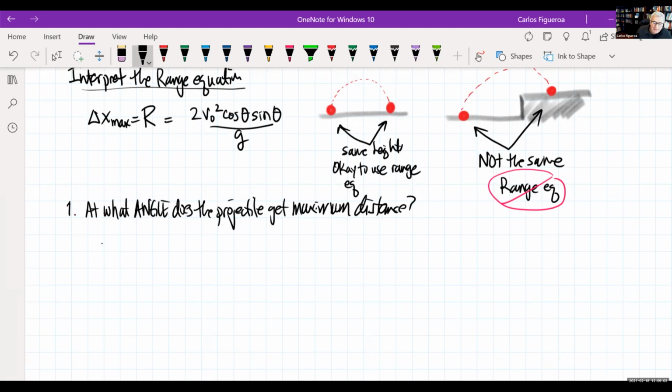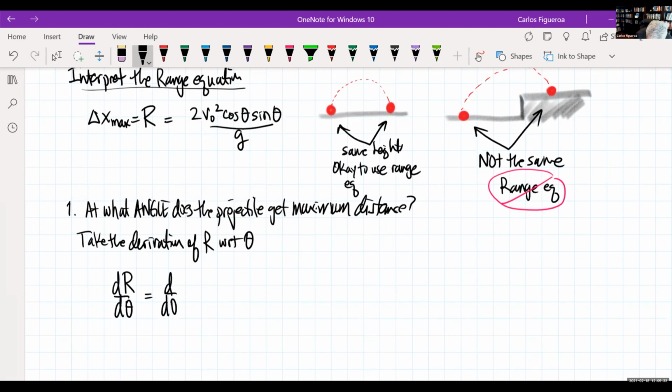And the only way to answer this question is that you've got to use calculus. So you've got to take the derivative of r with respect to theta. In other words, if I look at r, and I take the derivative with respect to theta, then I'm really taking the derivative of this expression here, divided by g.